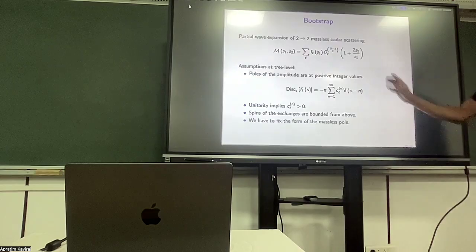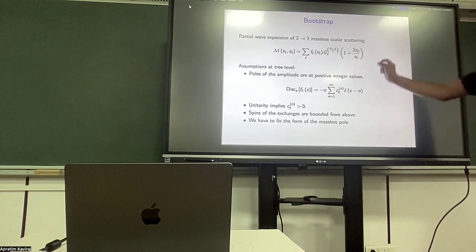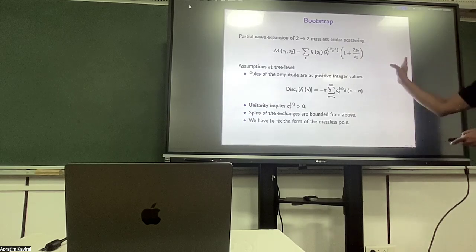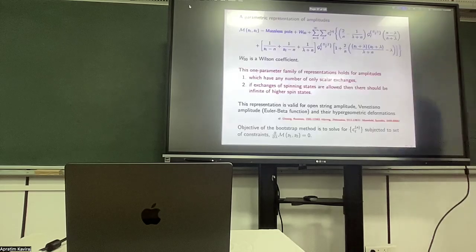Also, because we require the data at S1 equal to 0, S2 equal to 0, we have subtracted out the massless pole. That is possible because we are dealing with tree level. If we go to loop level, it requires more careful analysis. But for the time being, we have just subtracted out the massless pole and we'll plug that back in.